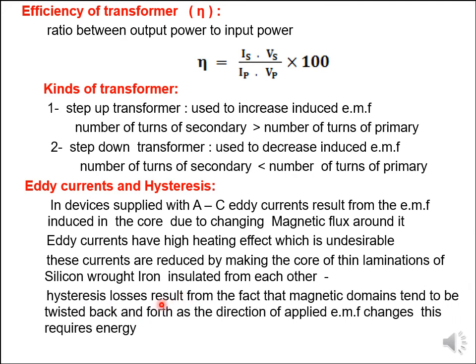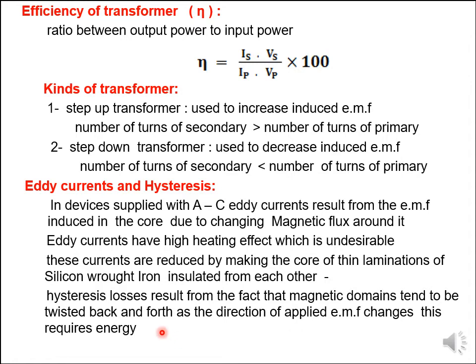Hysteresis losses result from the fact that magnetic dominance tend to be twisted back and forth as the direction of applied EMF changes. This requires energy.